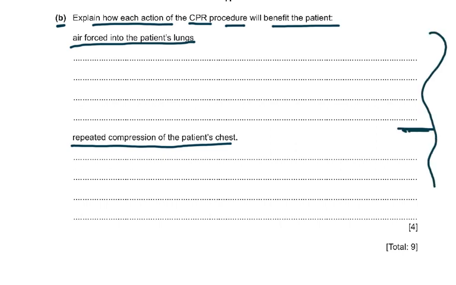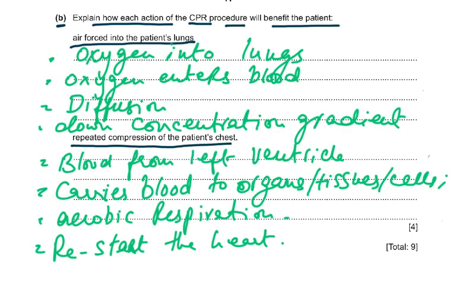The total is 4 marks. So there's no demarcation that you've got to give me so many points here and so many points here. As long as you wrote all these, there are 8 mark scheme points, and you have to give me any 4 of them. Now, this might appear a little unfair to you, that they've given you these headings, and I know you wouldn't have thought of points which fitted into the repeated compression of the patient's chest.